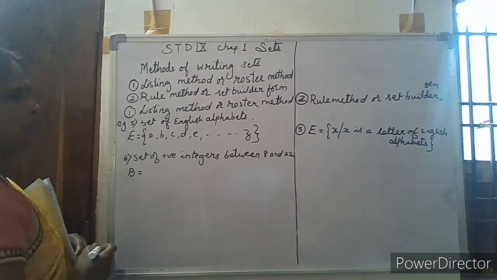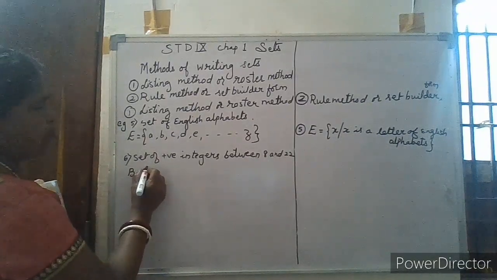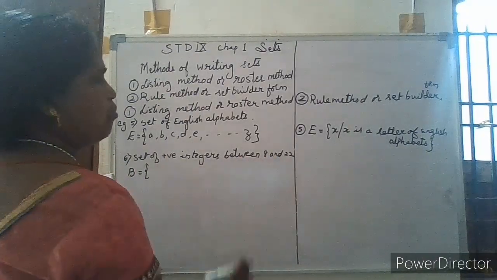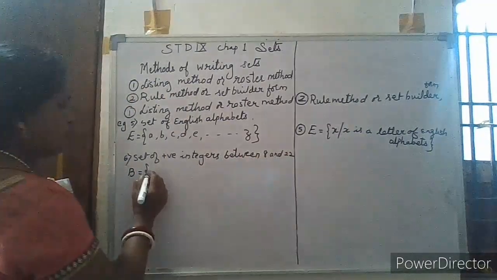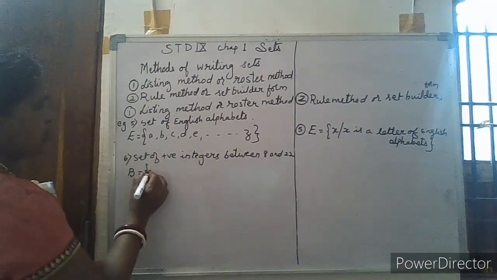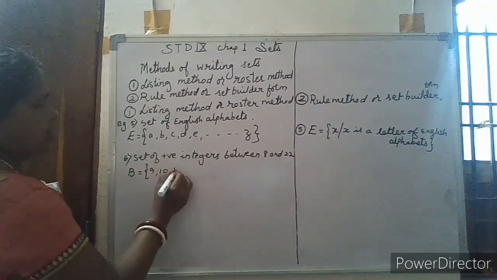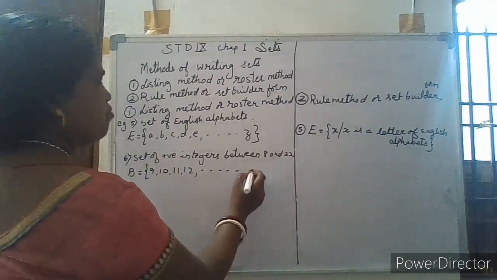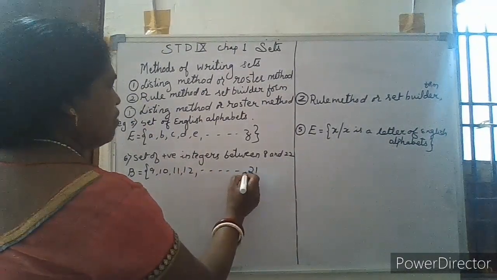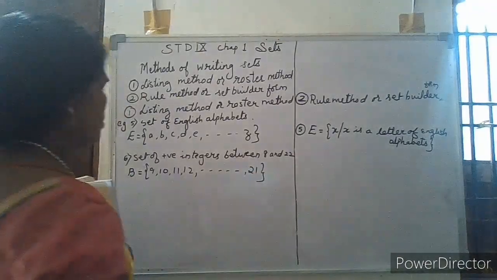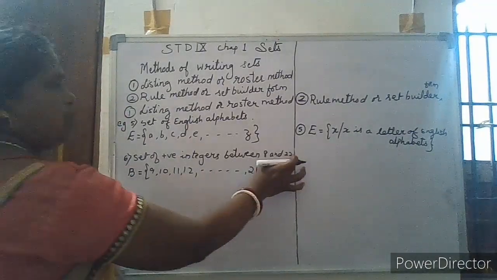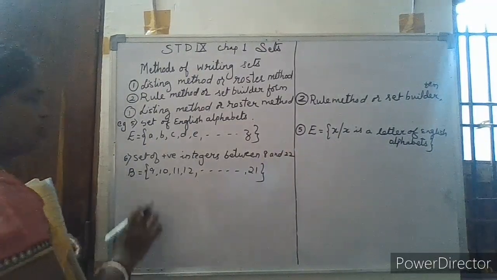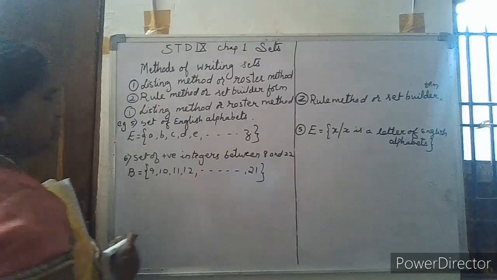Give it the name B, suppose. We are talking about between numbers. Between 8 means after 8 only. Positive integers, so it will be 9, 10, 11, 12 and so on. The last one will be 21. Yes, between 8 and 22, so the previous one, that is 21, is the last element here.